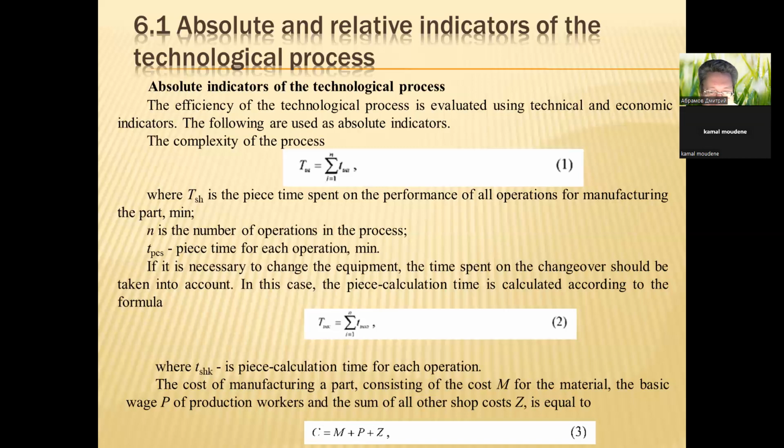If it is necessary to change the equipment, the time spent on the changeover should be taken into account. In this case, the piece calculation time is calculated according to formula 2, where t small t is the piece calculation time for each operation.